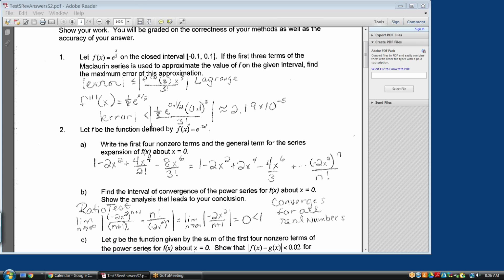But notice that whether we use minus 0.1 or plus 0.1, it's not going to matter because we're going to cube it, but then the absolute value is the key. So when you take the absolute value of that, you get this number here. And that's the maximum error of that approximation, given that the maximum error is going to occur at one of these endpoints.